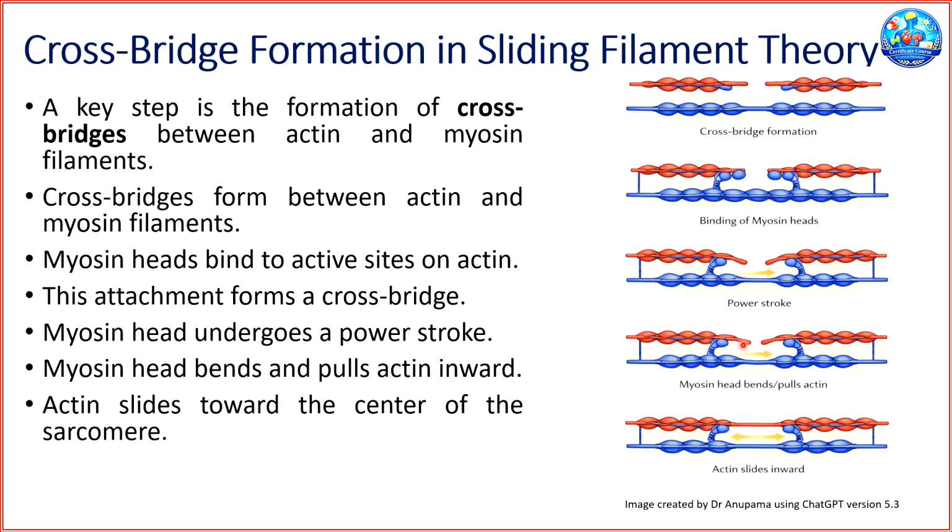They are pulling it towards the center of the sarcomere. So when this pulling is taking place towards the center, there is shortening of the sarcomere. Once the power stroke is done, the myosin heads again detach.